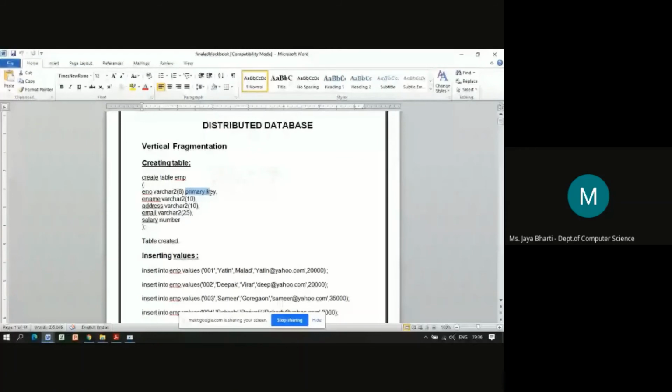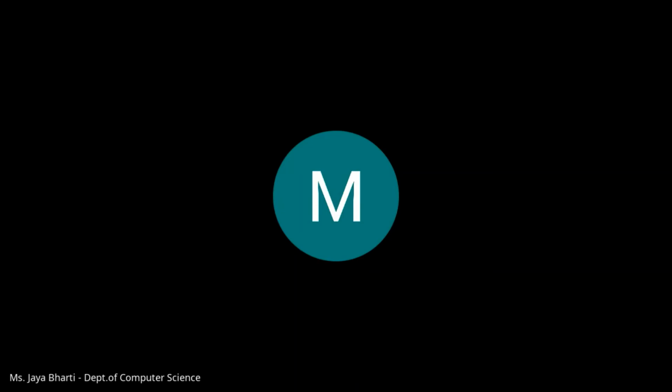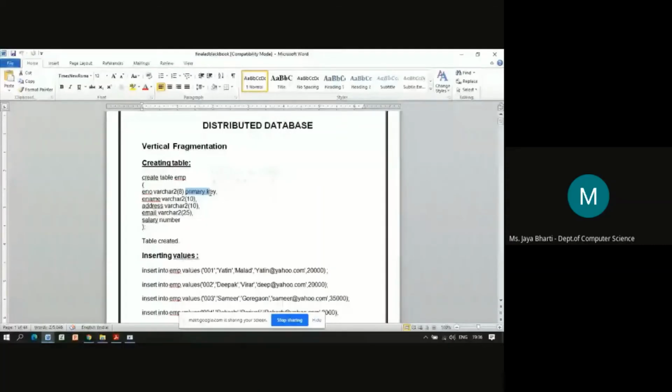Check constraint is for, suppose, the age, where you want to specify a range. The user will enter only a value between the range which you have specified.